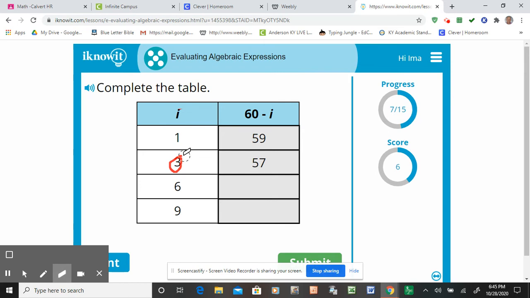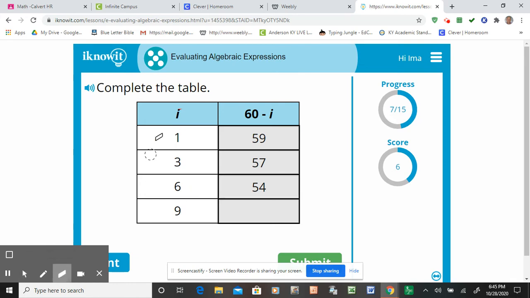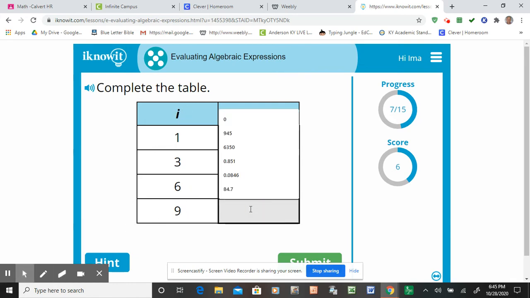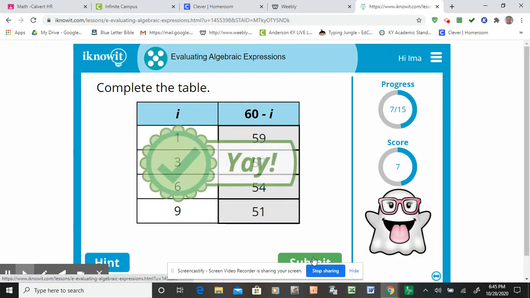And you just continue to work from top to bottom. Make sure you fill in each column of this right-hand half of the table. All right. And 60 minus 6 would be 54. And when i is 9, then 60 minus 9 is 51. And submit. Good.